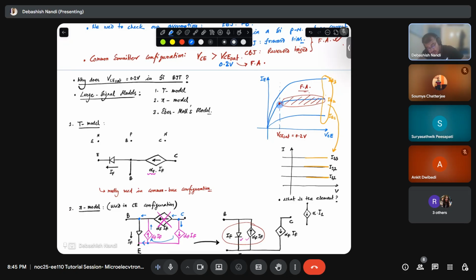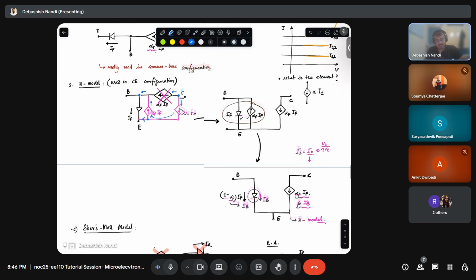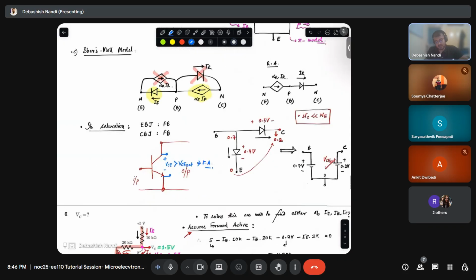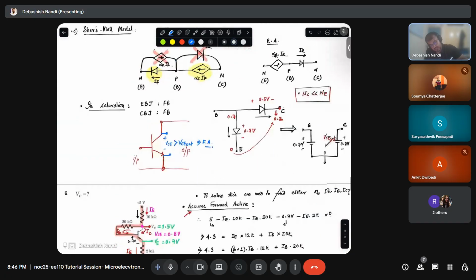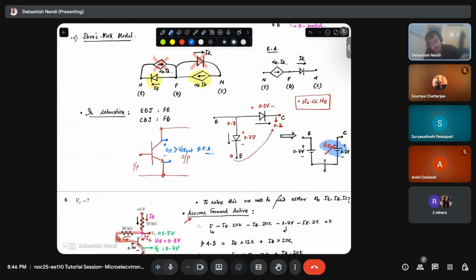Now, as VCE is increased, you will go towards the forward active region, right? So what you need is a checkpoint before which you can say it is in saturation and beyond which it is forward active. Using the Ebers-Moll model and the T model, we have found that for silicon junctions, this VCEsat is around 0.2 volt.